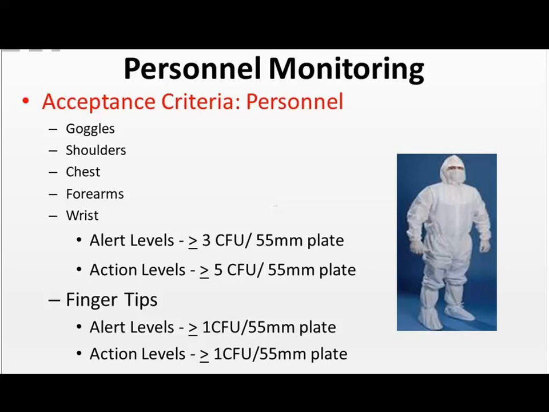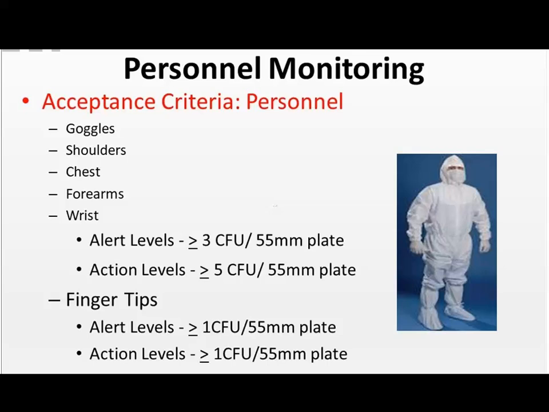Regardless, these are the areas that we're going to look at for personnel monitoring. The alert levels for typical personnel monitoring are greater than or equal to 3 colony-forming units, or greater than or equal to 5 for your action level.